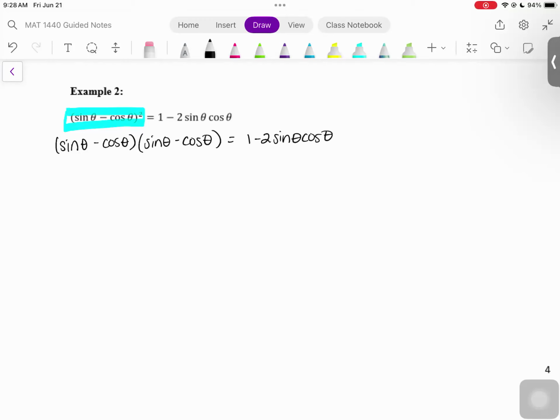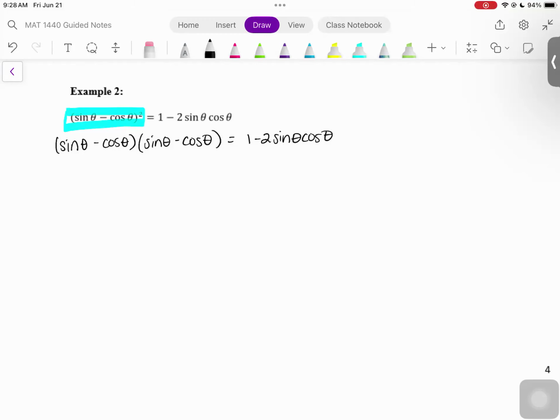Now that we have our two binomials being multiplied, foiling is a little bit easier to see. Some of you might be really strong with that process of squaring a binomial, so you might be able to do this in one step, but I always like to show going step by step just to ensure that those skills are there.